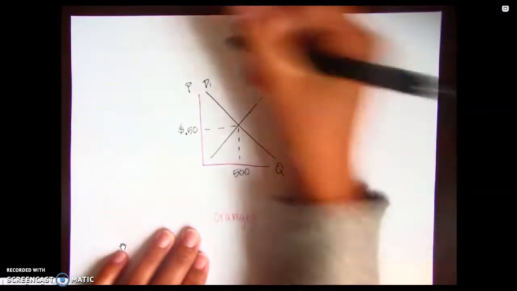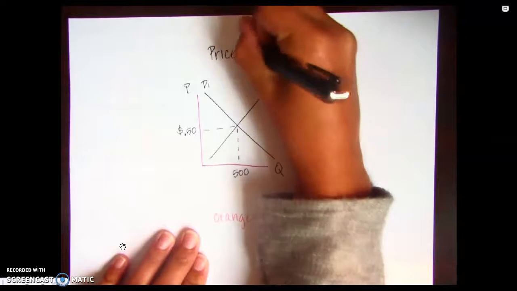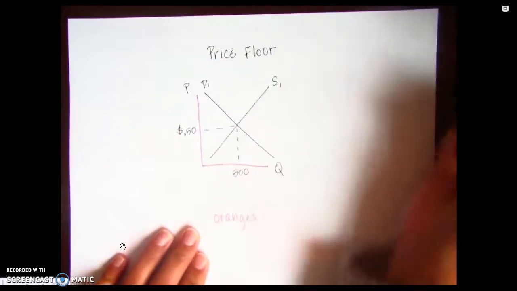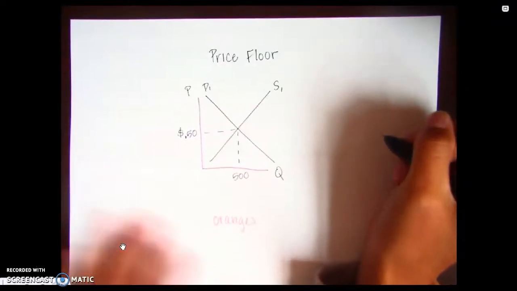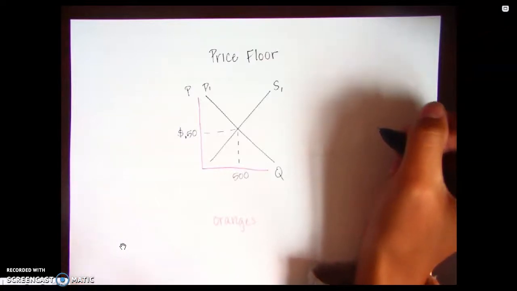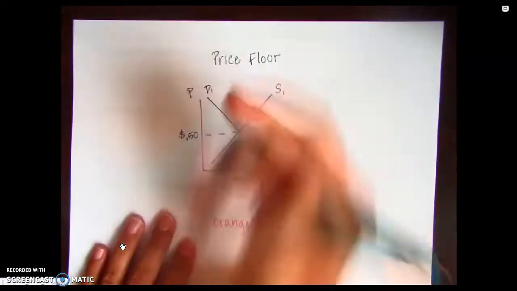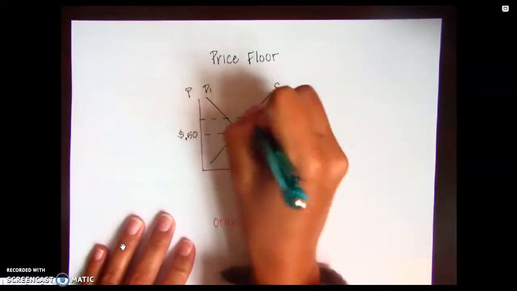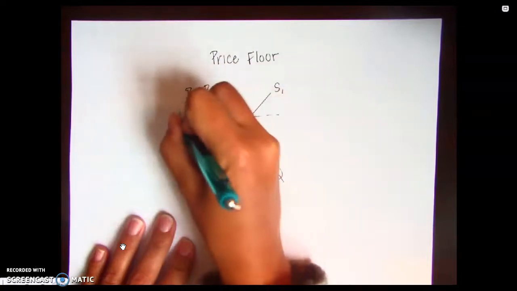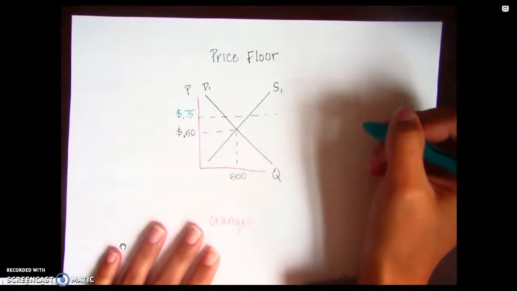So the government decides that they are going to issue a price floor, a minimum amount that you could be charging for your oranges. And they say, minimally, you have to charge 75 cents per orange. Well, now that puts us out of equilibrium.